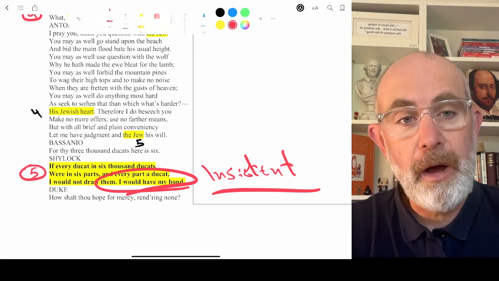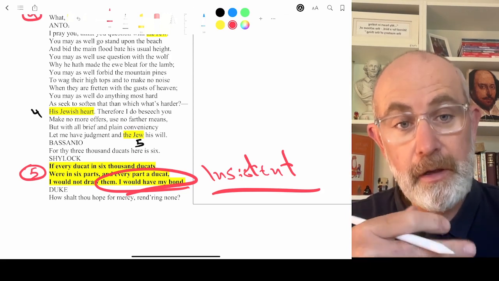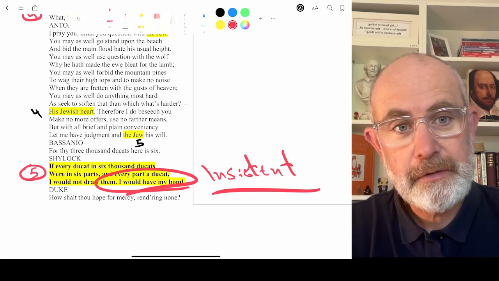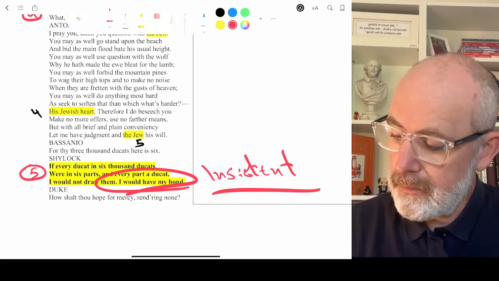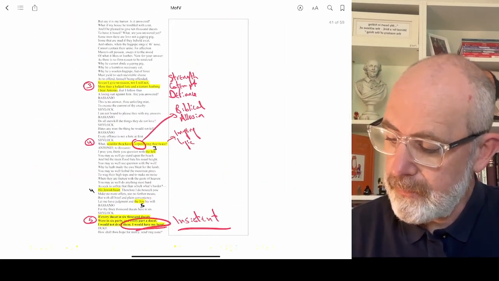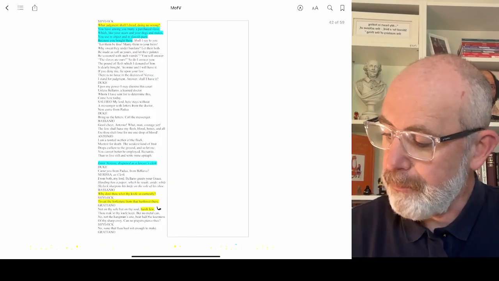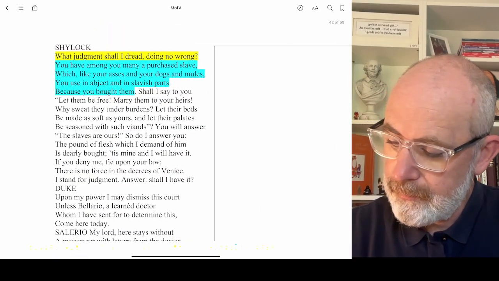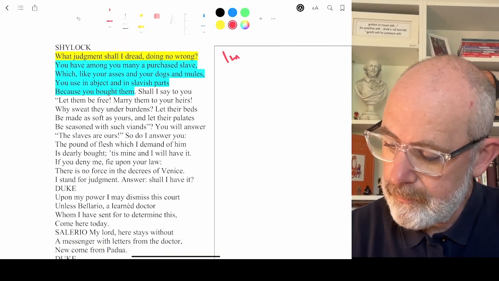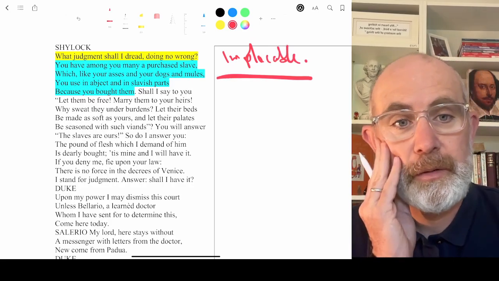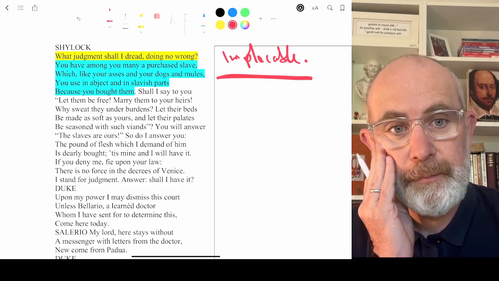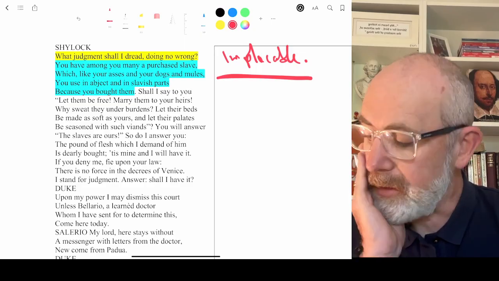I want my bond. In other words, I want my pound of flesh. So the tension builds as it seems that Shylock is implacable. Implacable meaning will not move, stubborn, cannot be convinced, cannot be swayed.